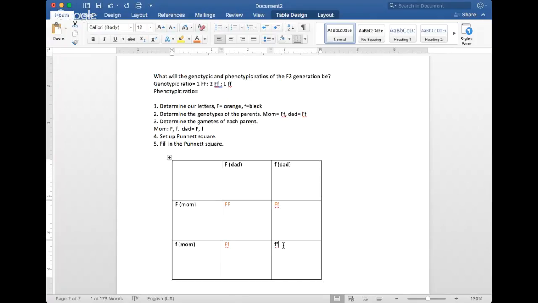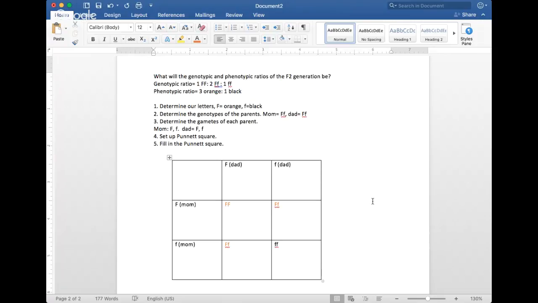Phenotypic ratios, as in what are the phenotypes of these individuals? What do they look like? And we have 1, 2, 3 that are orange, to 1 that is black. Okay. And these ratios are the simplified version of these ratios. If these cats had 8 kittens, you would expect to see 6 orange and 2 black.